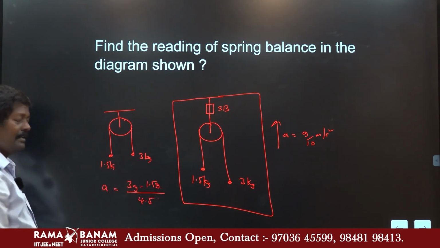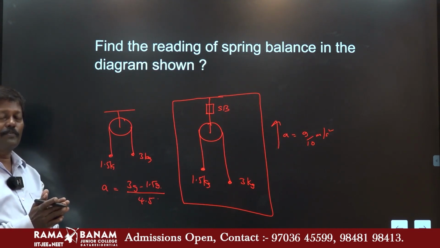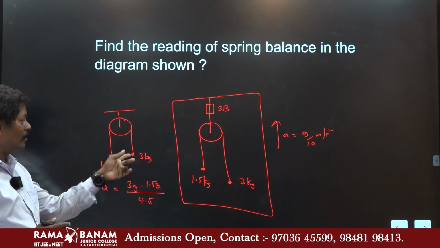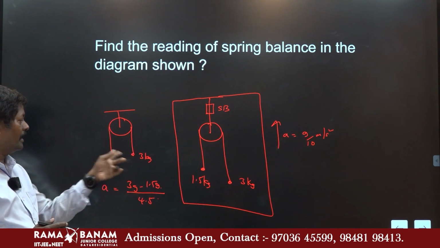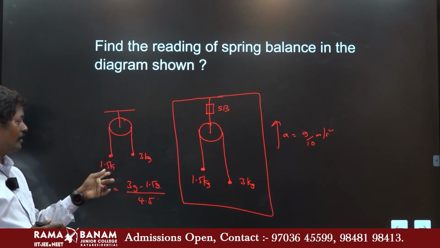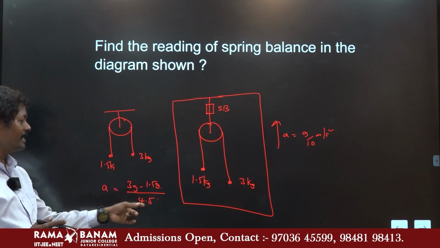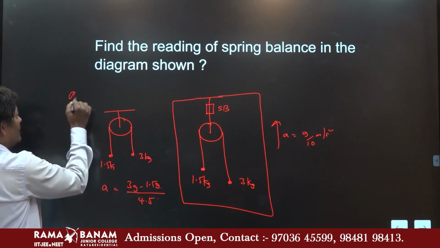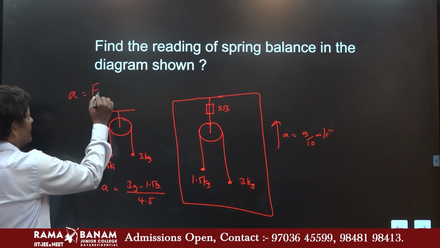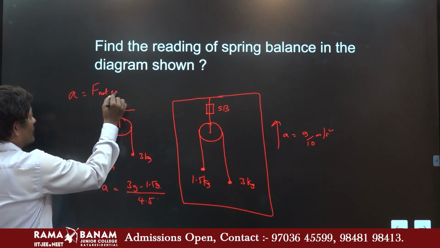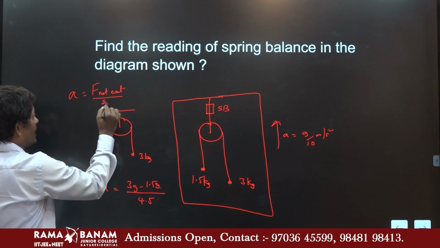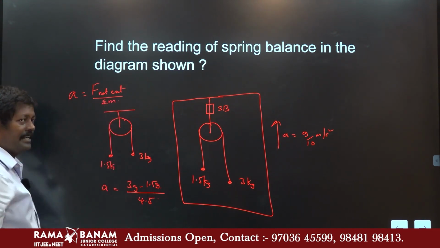I am not using the free body equations, writing 3g minus T equal to ma and T minus 1.5g equal to ma and solving that. Instead, net external force divided by sigma m will give you acceleration directly.